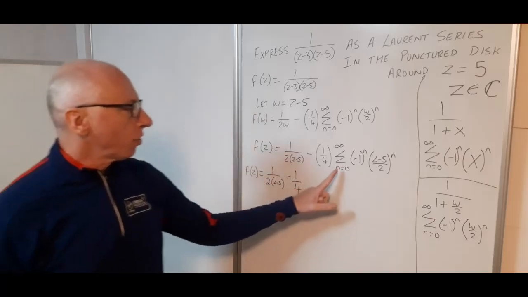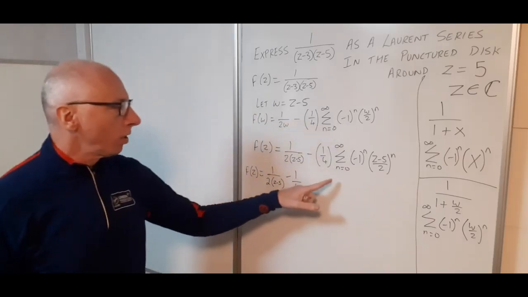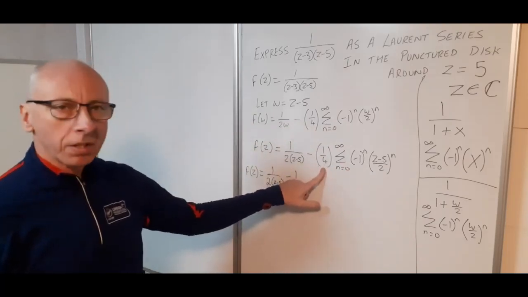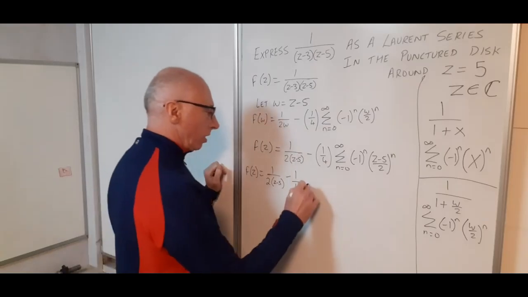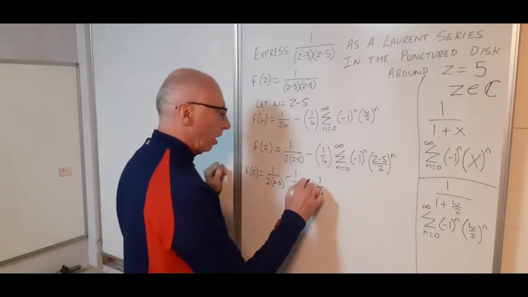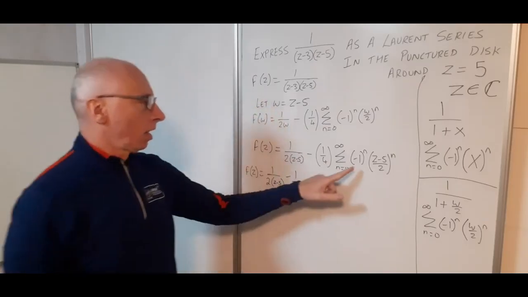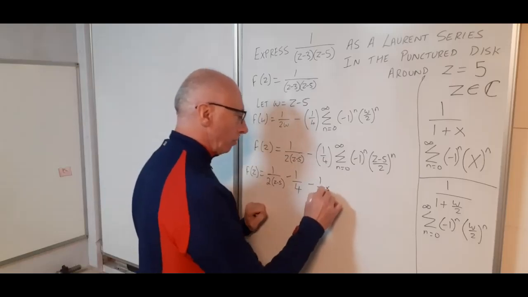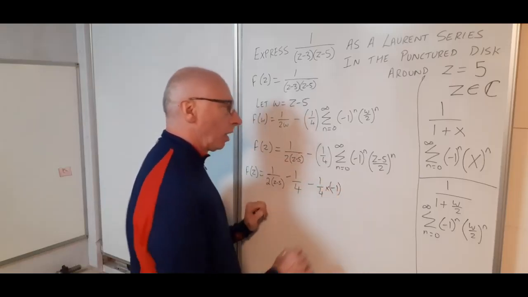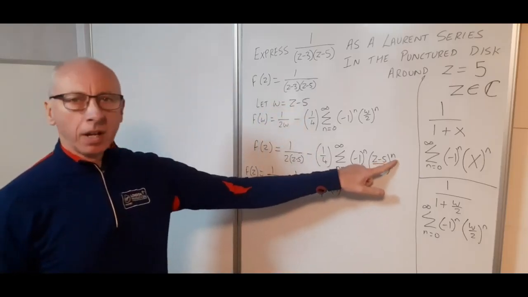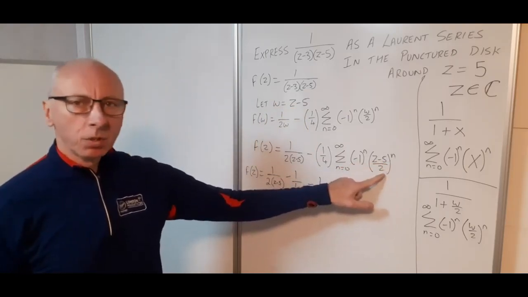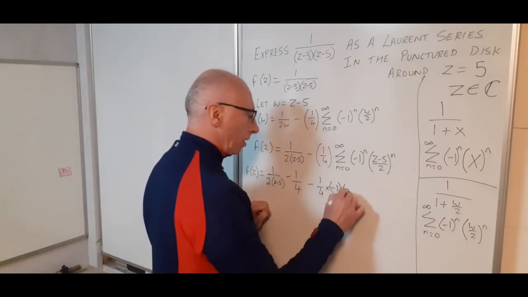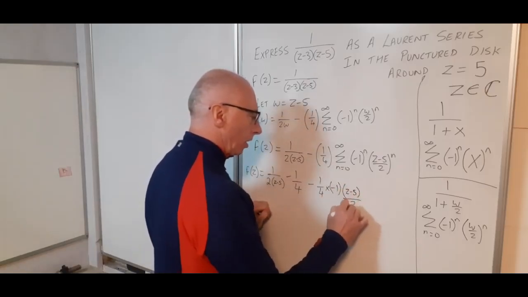And now let's concentrate on these terms when n is 1 and when n is 2. So when n is 1, I've still got this minus 1/4, times minus 1 to the power of 1, which is going to give me minus 1. So times minus 1, and then z minus 5 to the power of 1 over 2 to the power of 1, which is over 2. So then that's just going to be multiplied by z minus 5 over 2.